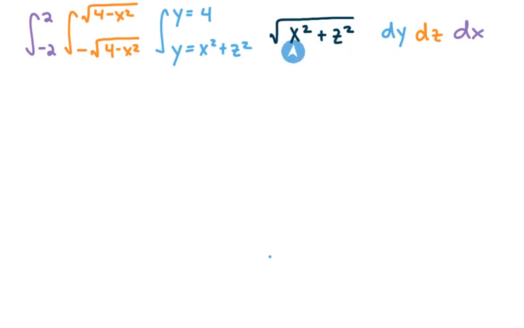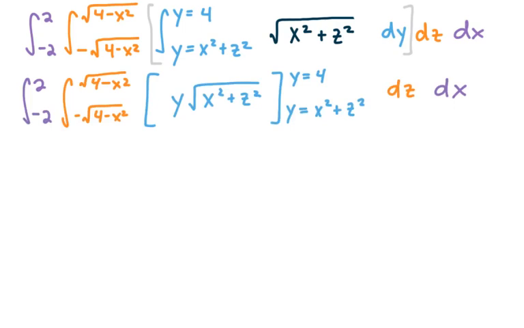Okay, so we want to look at integrating this guy. And what we have here, this is a constant because we want to integrate with respect to y first. So that's going to leave me with y times that quantity, the square root of x squared plus z squared.